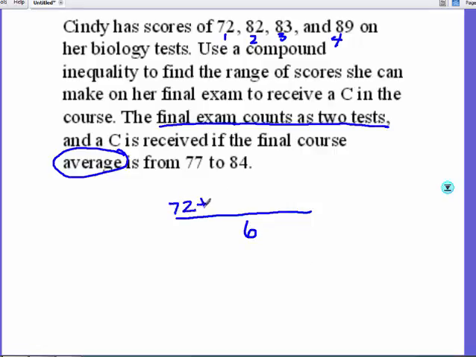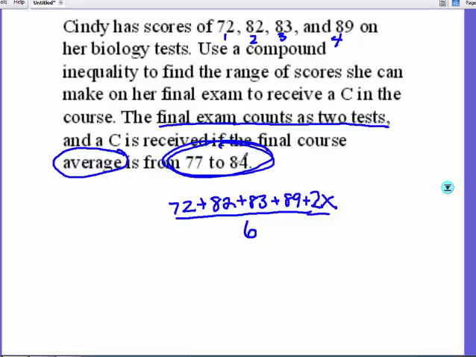The 72 plus the 82 plus the 83 plus the 89 plus the final exam, which counts twice. So that's how you find average. What does our average have to be? Well, it needs to be between a 77 and an 84.